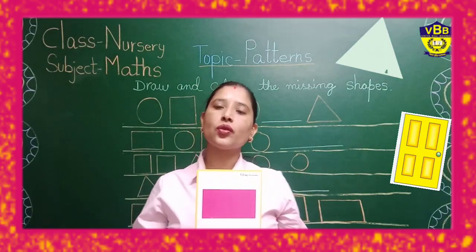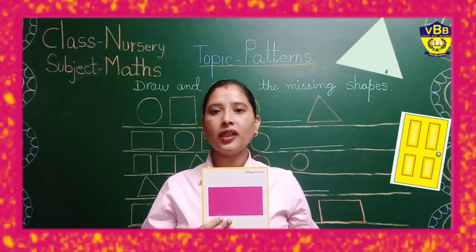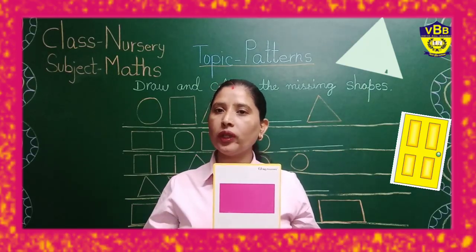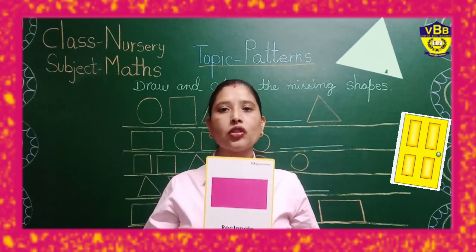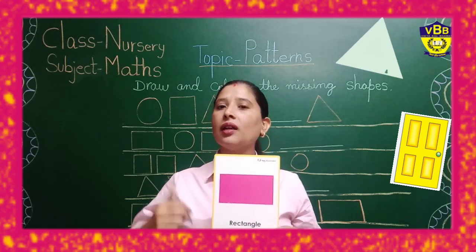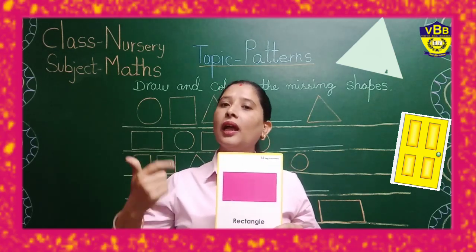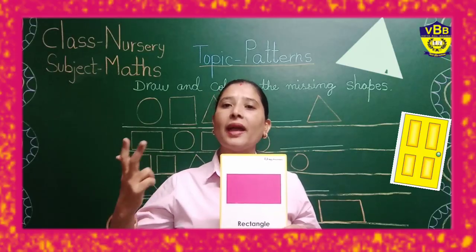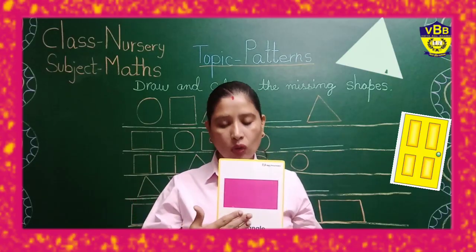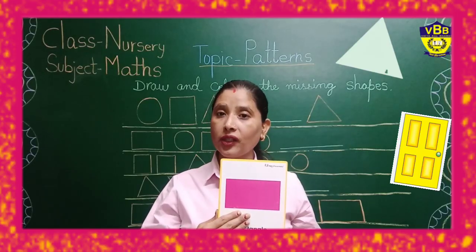Yes, this is rectangle. Rectangle shape is having two positions. First we will do the recap of the objects which look like rectangle shape. The objects like teacher's table, dining table, pencil box, lunch box, they all look like rectangle shape.